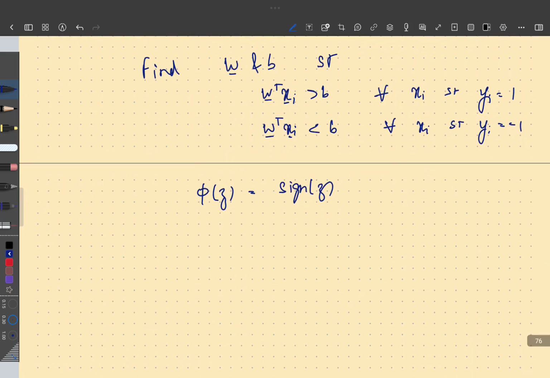All right. So effectively, you can pose this as an optimization problem with a bunch of linear constraints.